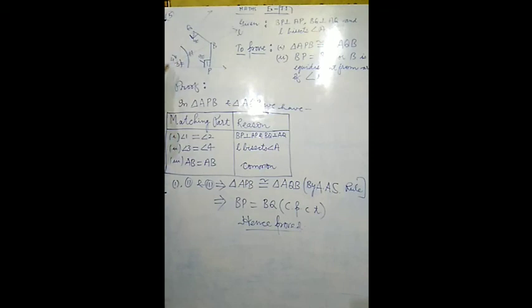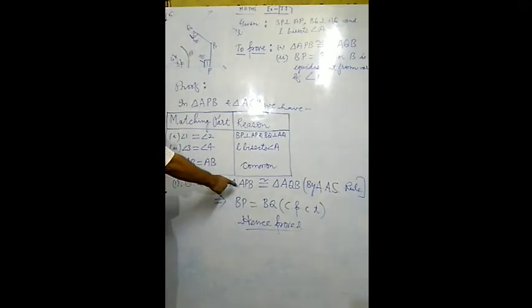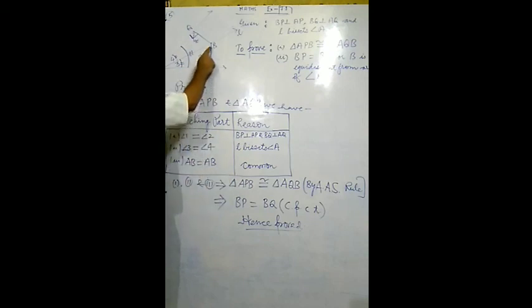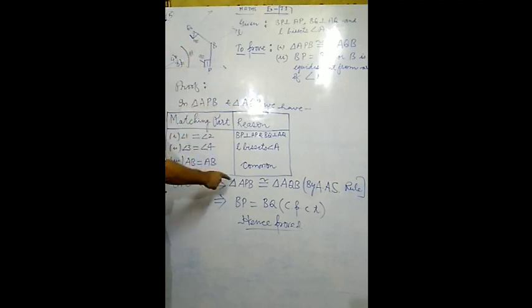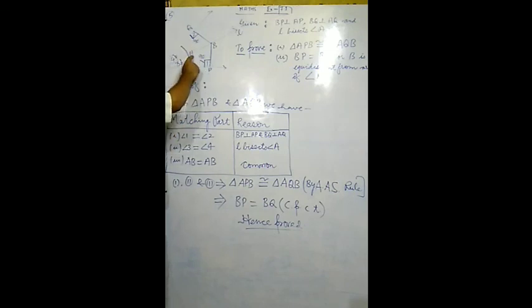On the basis of these three matching parts, we can conclude that the lower triangle is congruent to the upper triangle. The lower triangle is triangle APB, and the upper triangle is triangle AQB. Both are congruent. And which criterion is adopted here? Firstly angle, again angle, then side.